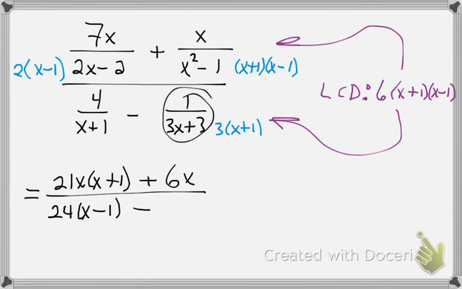And last but not least, the 1 over 3x plus 3. What's going to happen here? What cancels? X plus 1 cancels, and 6 is reduced to 2. So I have a 2 and an x minus 1 times 1, which is 2, x minus 1.